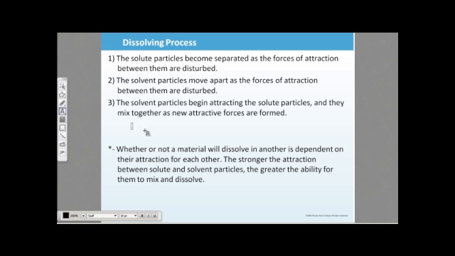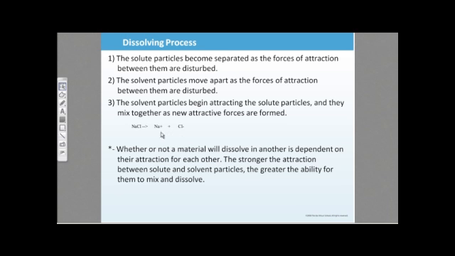So using our salt water example, we take NaCl, which is table salt, and when we place that in water, it's going to break up into the 2 ions, Na+ and Cl-. Now remember back in module 3, we learned that water is a polar compound, which means it has a positive end and a negative end.